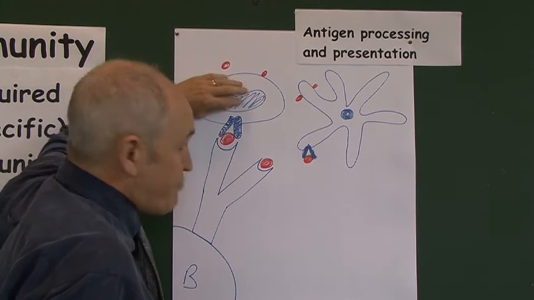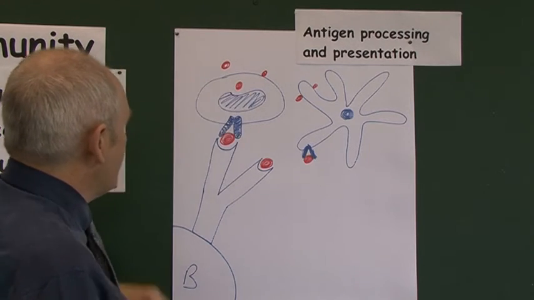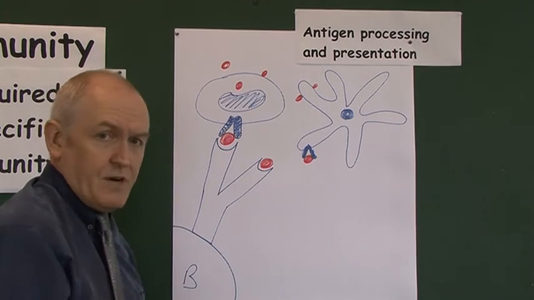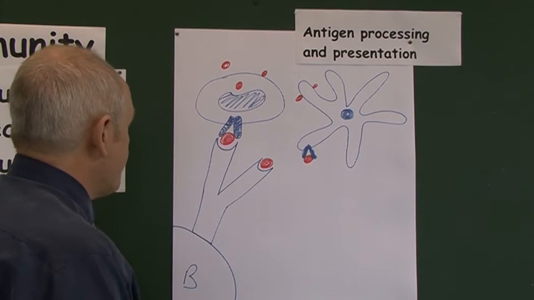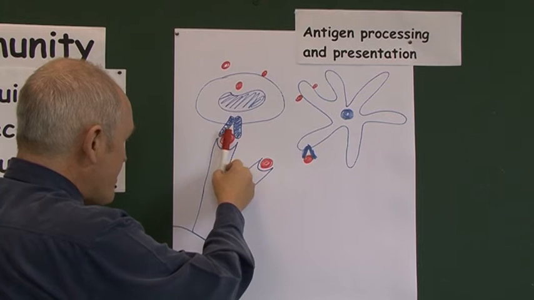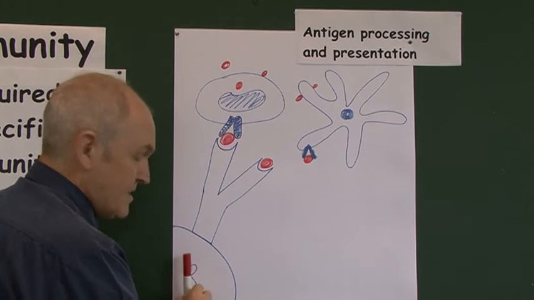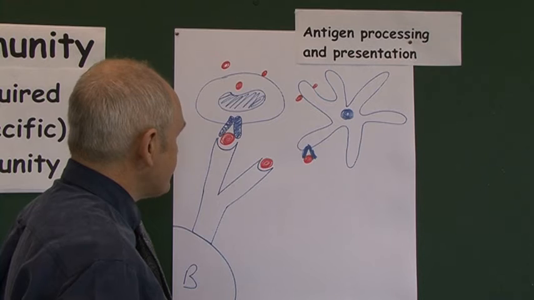So the antigen is processed by the antigen presenting cell and then presented on the surface. It's a bit like saying, well, here it is, do something with it. And what the B cell does is the combination very quickly activates the B cell to undergo the process of clonal expansion.